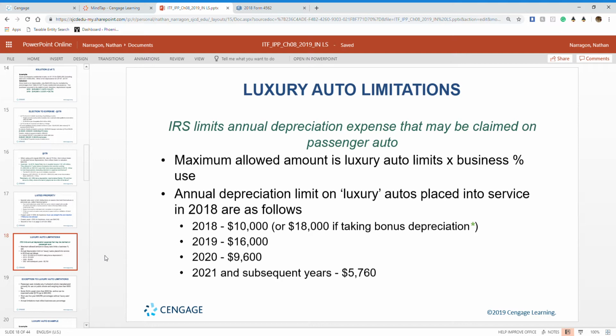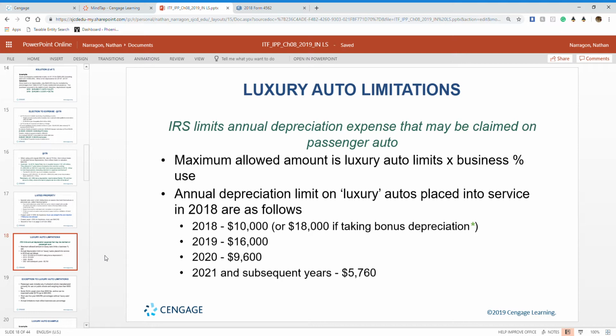But if we do decide to take bonus depreciation, we get $18,000. Yay! And then starting in 2019, it goes to $16,000 we can take, up to that. Then $9,600. And then after that, $5,760 until it's depreciated out. Okay, so that's on a luxury vehicle.